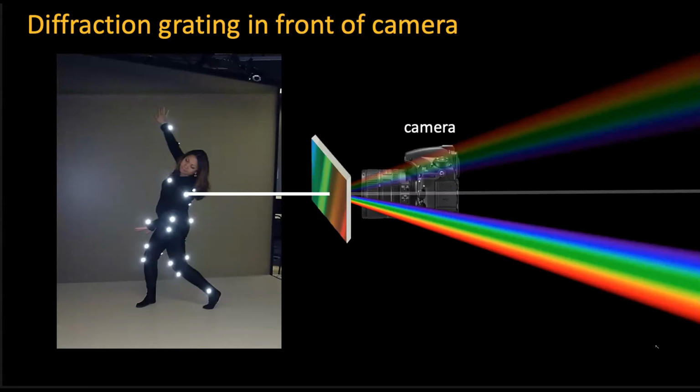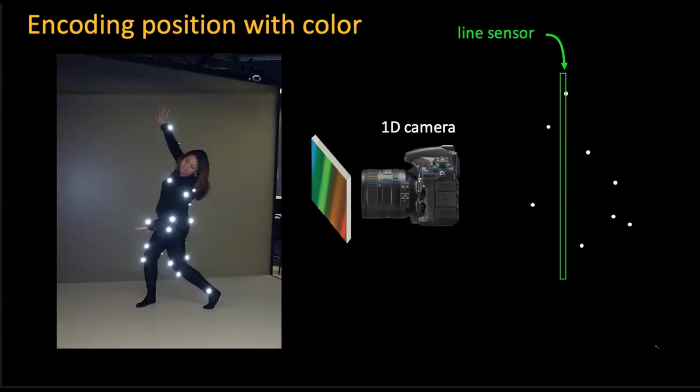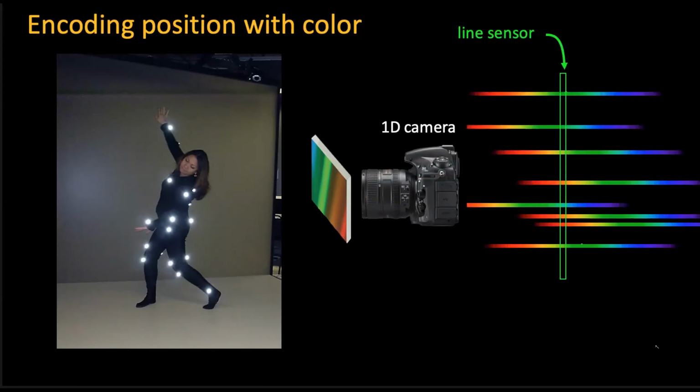So you take your line sensor, just a 1D sensor, and place it somewhere, and the light sources everywhere else get spread by the diffraction grating and hit the 1D sensor at different locations.